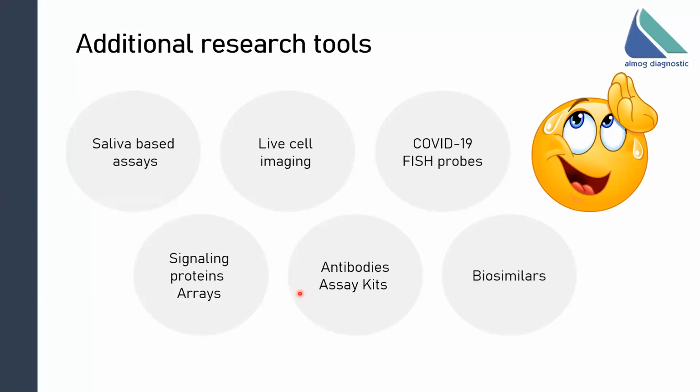The FISH probes will attach to them, and they are labeled fluorescently, so you can perform an imaging test. There are also signaling protein arrays, antibodies, and biosimilars. By biosimilars, I mean drugs that are research grade and not clinical grade, so you can use them as inhibitors in your assays.